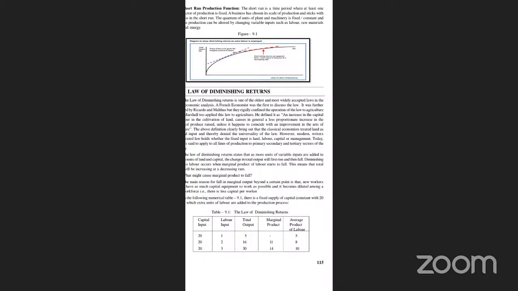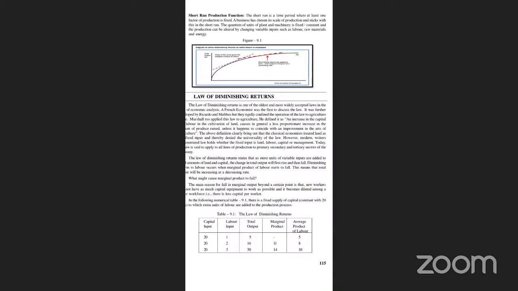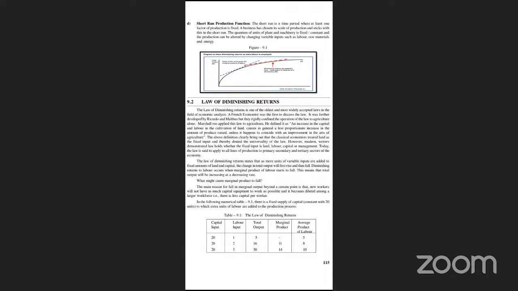Then we have the law of diminishing returns. The schedule is explained here, wherein the capital input, labor, total output, marginal, and average are given. Now see, if the capital input is 20 and labor is 1, starting with 1, the total output is 5.